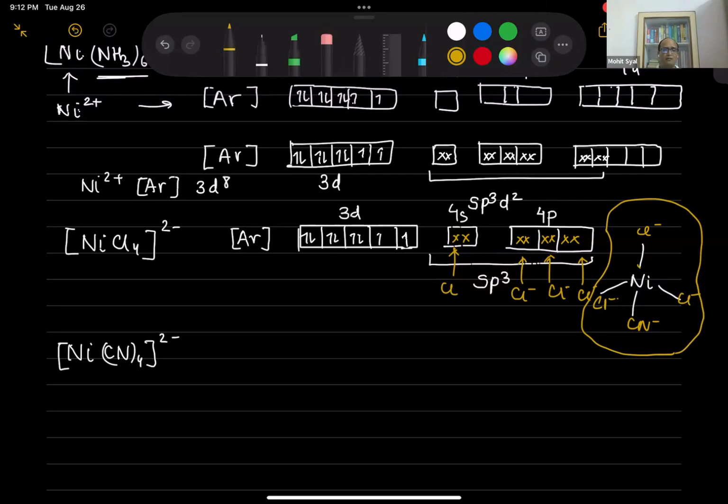It is going to be tetrahedral. And what is the magnetic moment? 2 unpaired electrons. It is paramagnetic, attracted by a magnetic field. The magnetic moment is root of n into n plus 2, where n is the number of unpaired electrons. 2 into 4, root 8.